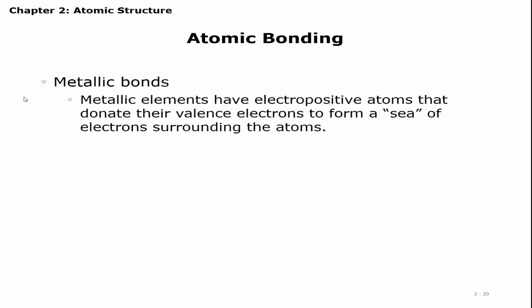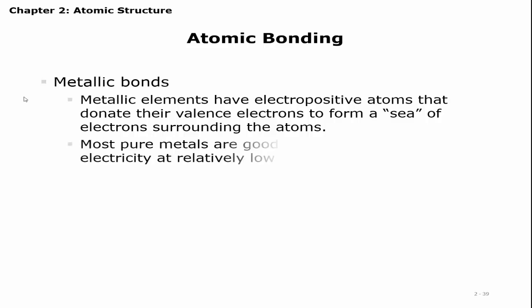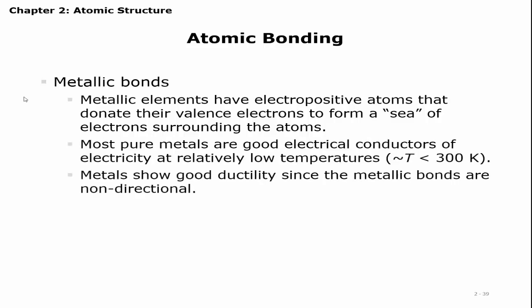So for atomic bonding, we have metallic bonds, which occur in metallic elements that have electropositive atoms that donate their valence electrons to form a sea of electrons surrounding the atoms.